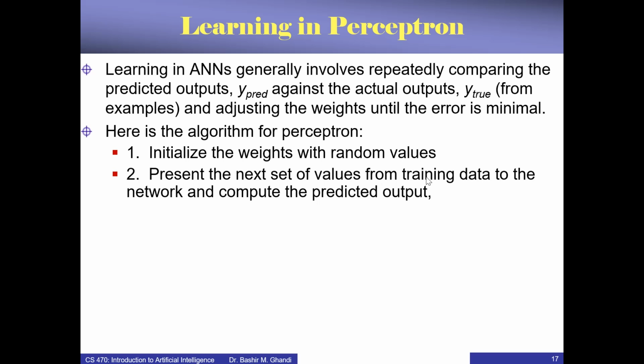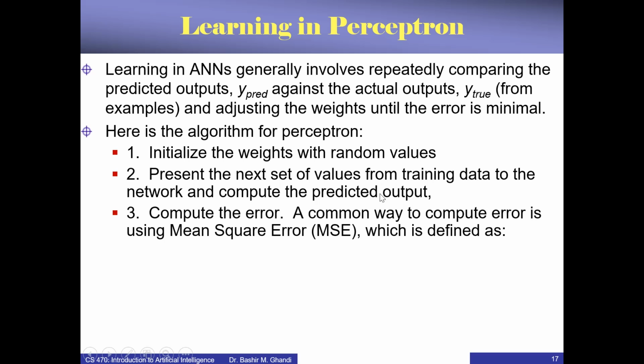We saw how to do this with the trivial examples we have seen. Once we are given the input values, the x, and we have generated the weights, which are initially generated randomly, we can compute the summation, and we can apply the activation function and compute the predicted output.